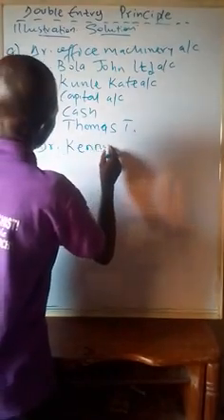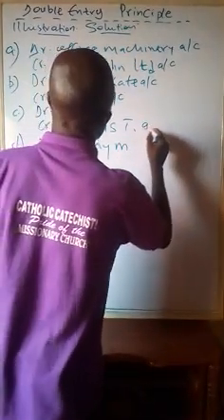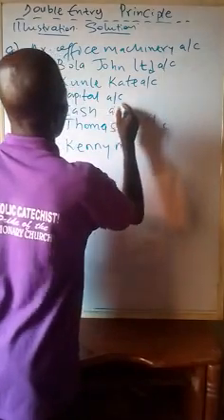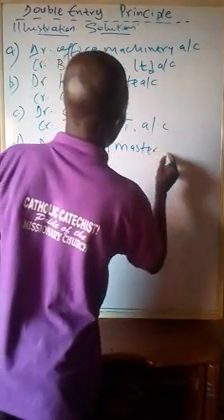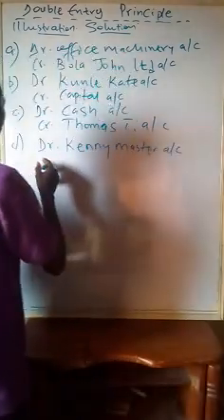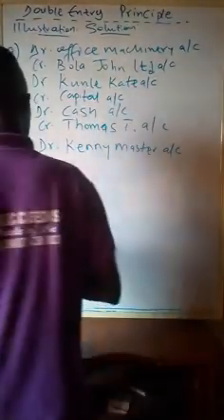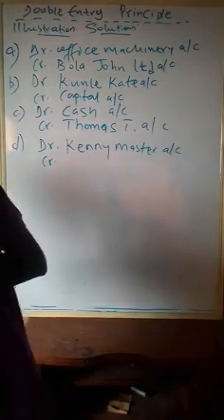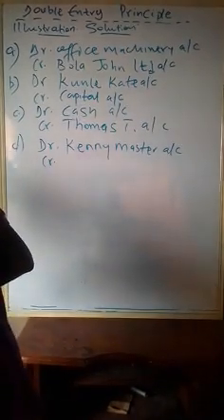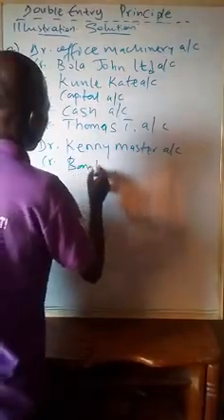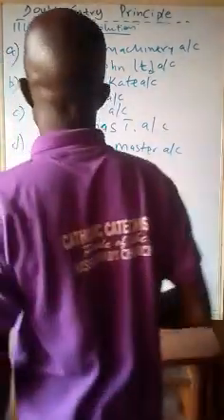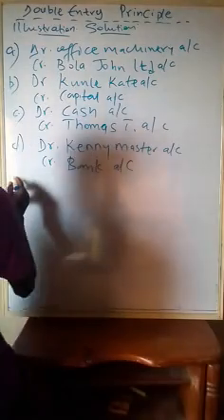You debit Kenny Master account. Then credit bank account, because you pay part of loan by check.